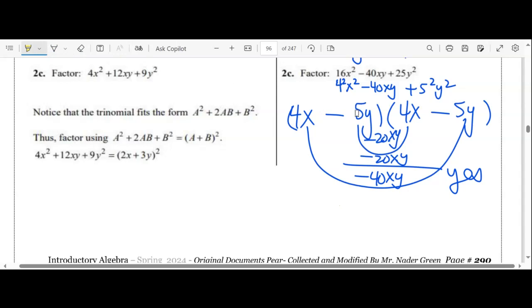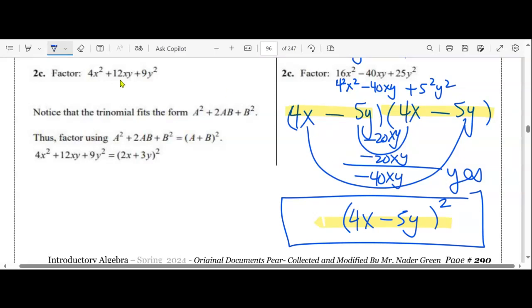Now, do we have the same blah, blah, blah or different blah, blah, blah? Same. So what should we do? Square it. Easy as easy. Move on.